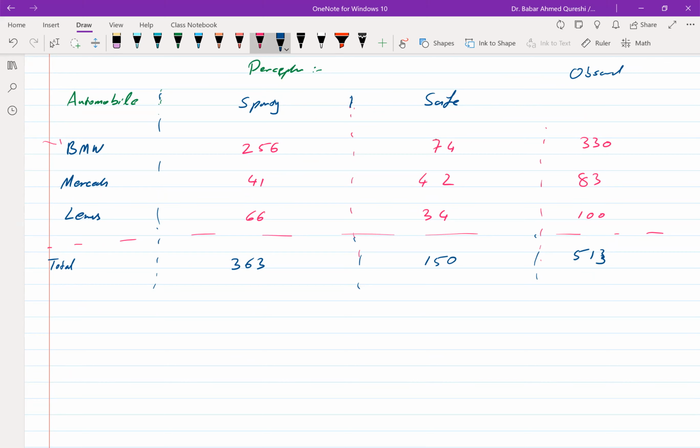If I make a similar expected table, assuming that these two attributes have nothing to do with the brand, they are independent of it, then what would I have? So I have 330 had preference for BMW out of 513.